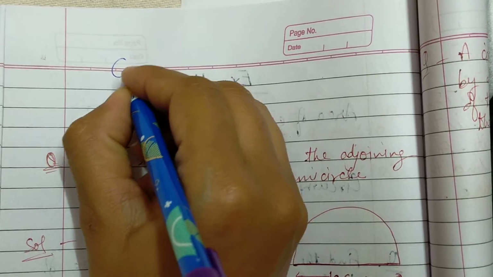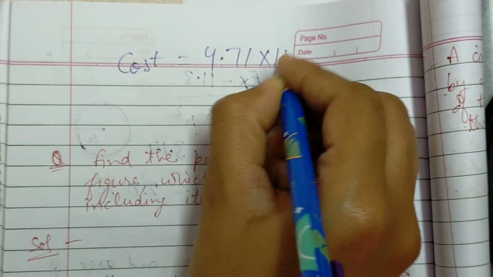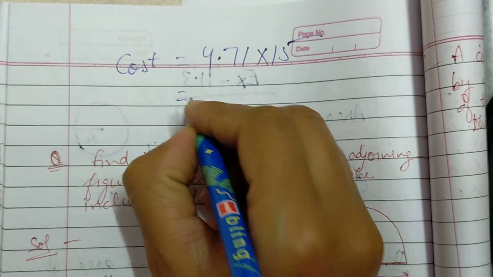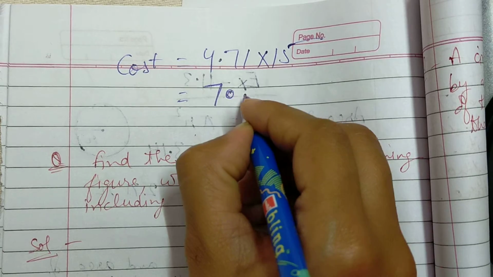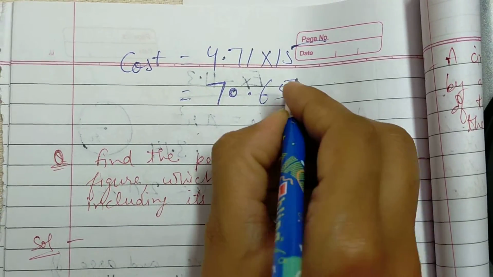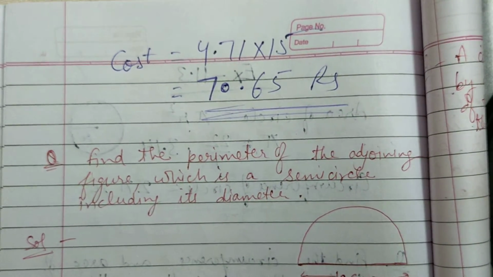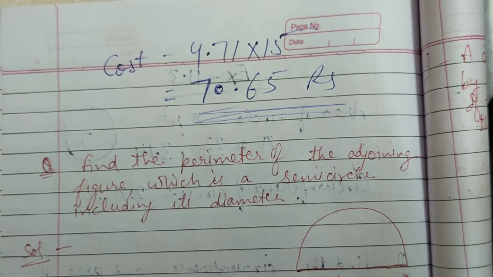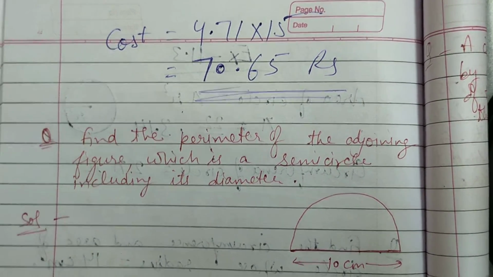So what will be the cost? 4.71 multiplied by 15, and it will be 70.65 rupees. This will be the cost of putting the lace. So that's how you have to calculate.